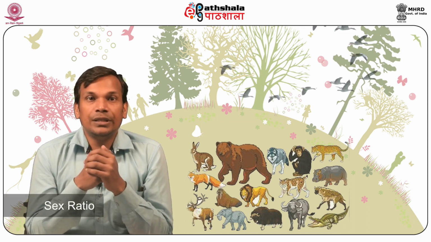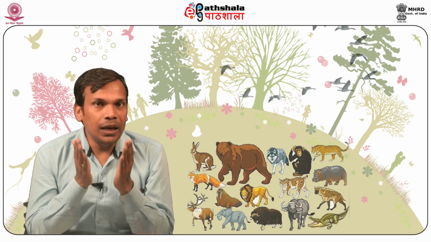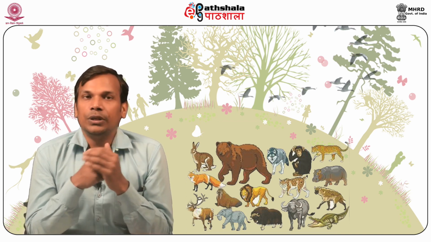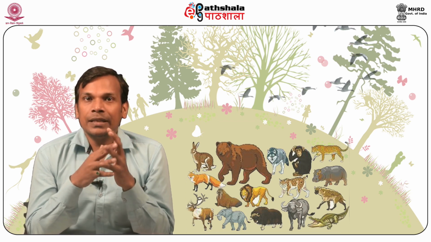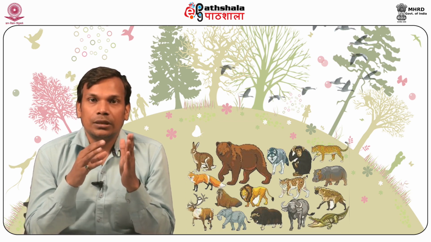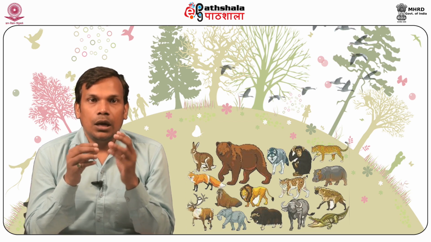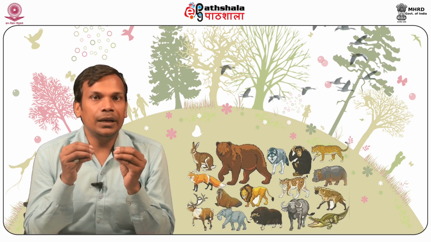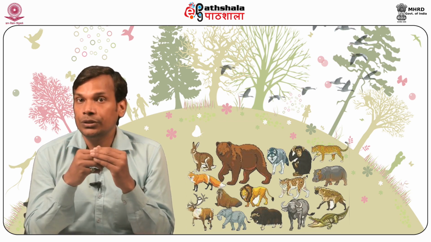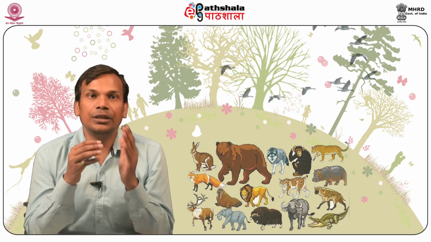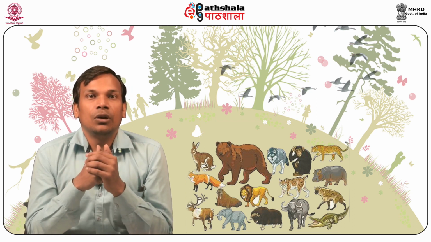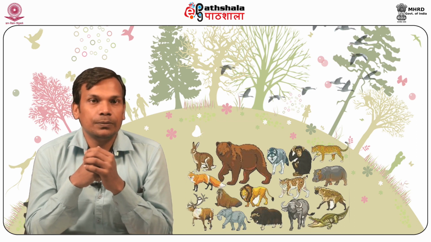Sex ratio is the percentage of male and female individuals in a population. The primary sex ratio is constant, which indicates equal proportion of male and female in the given population, but in real conditions, the ratio varies in populations of different species.